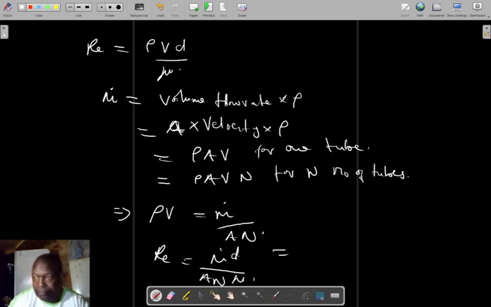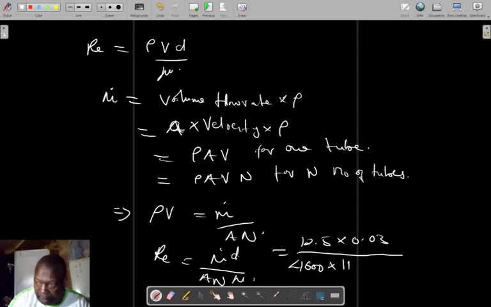So this is equal to 12.5 times 0.03, which is the diameter of each tube, divided by the number of tubes, which is 4,600, times pi by 4 times 0.03 squared times mu, which is given as 2.075 times 10 to the power of -5, and that gives us a Reynolds number of 6,087.4.